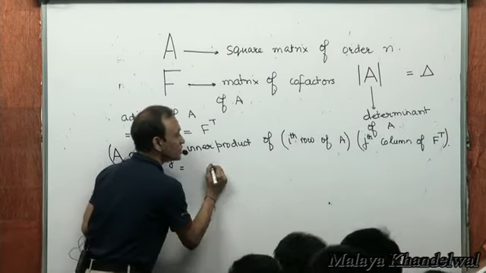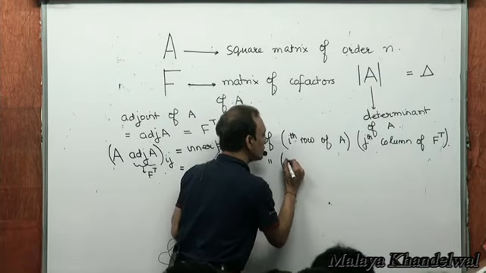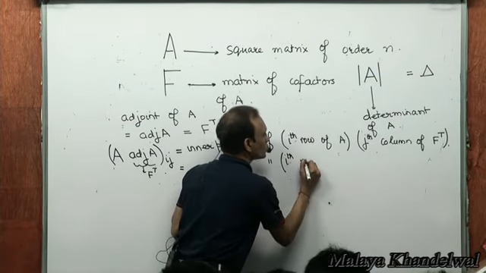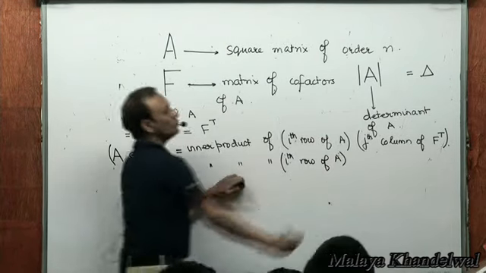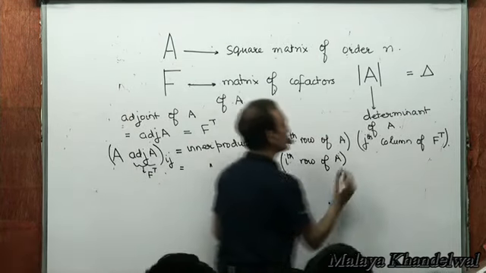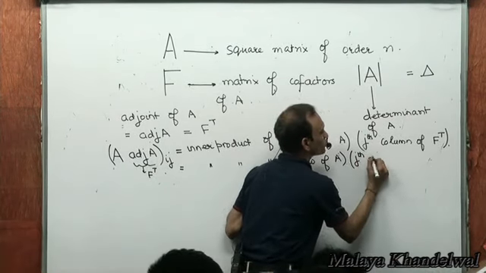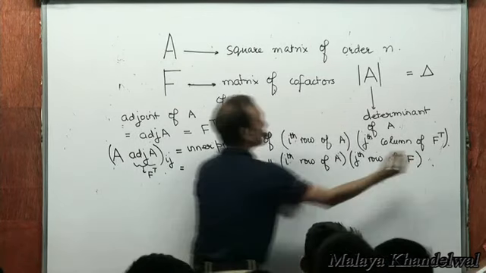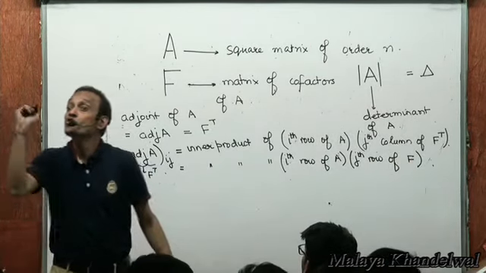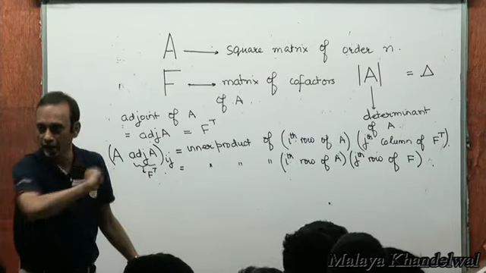So this is the inner product of the ith row of A and the jth row of F, the matrix of cofactors of A, right?